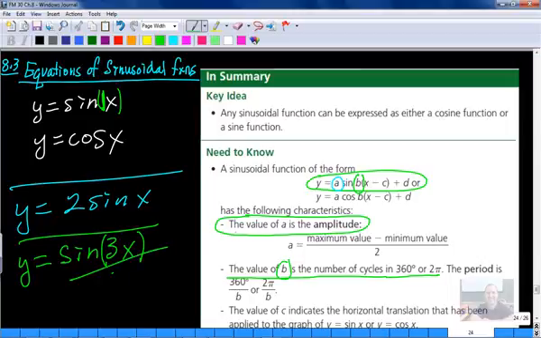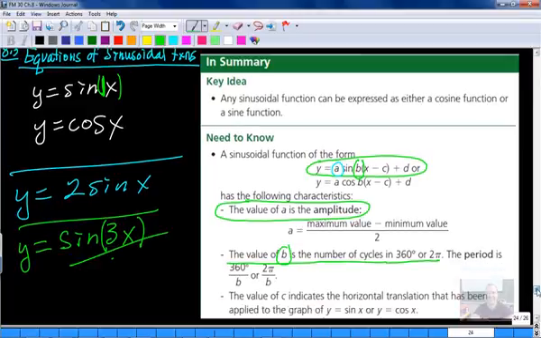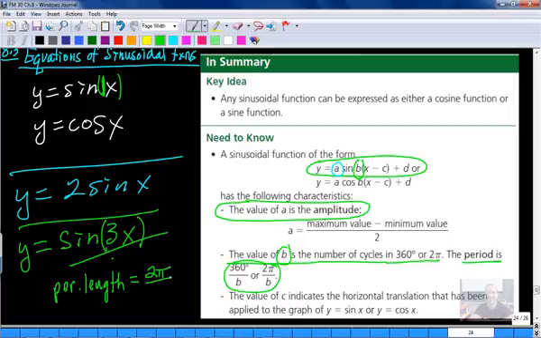The other way you could look at it is, the period length is 360 divided by b, or 2 pi radians divided by b. So the period length for this graph, that's the length for 1 cycle, is 2 pi radians divided by 3.